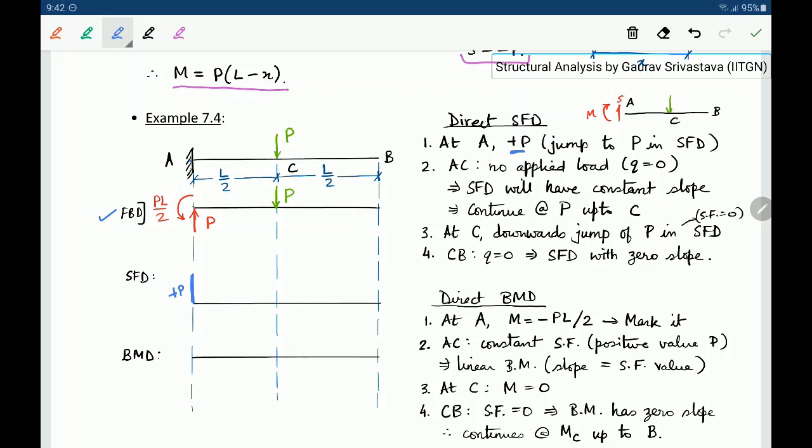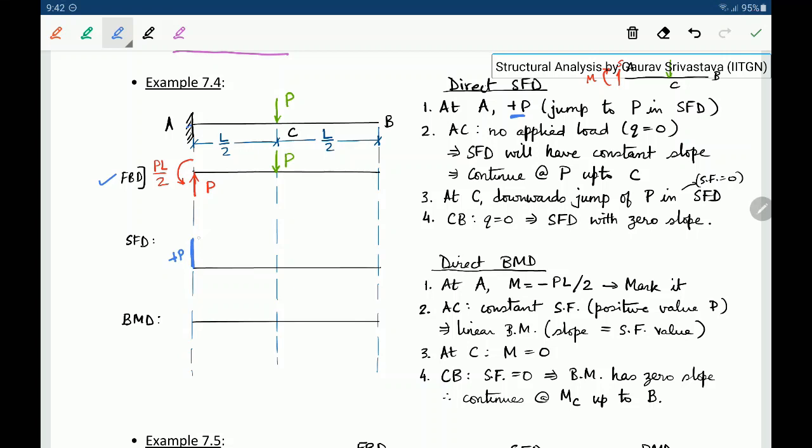Okay. Now from A to C there is no applied load. So basically load intensity is 0. And since load intensity is 0, the slope of the shear force diagram will be 0, right? So it will continue at its value of P. So slope here will be 0, okay, and this is a positive shear. At point C there is a downward concentrated load, so there will be a jump equal to minus P here.